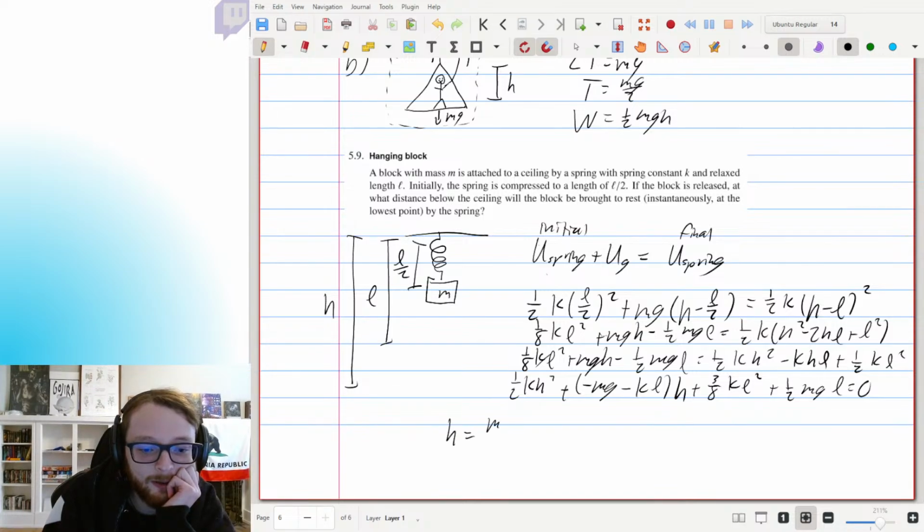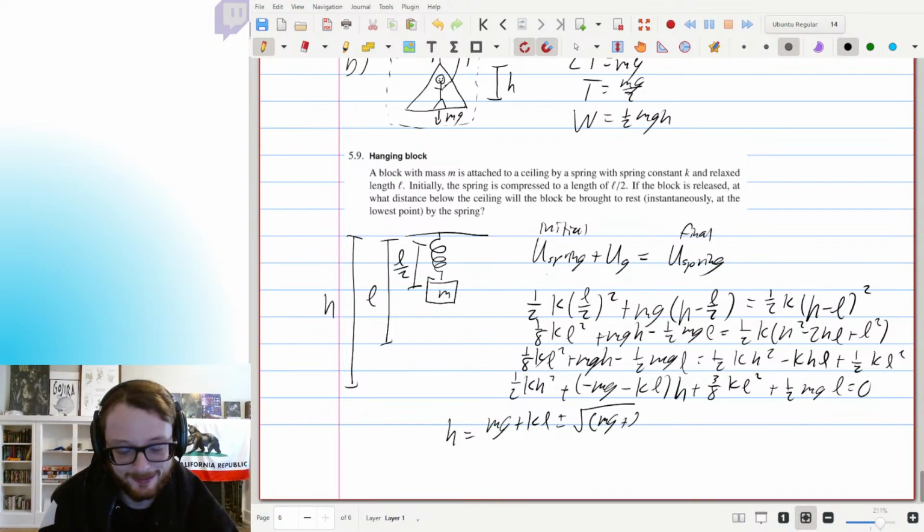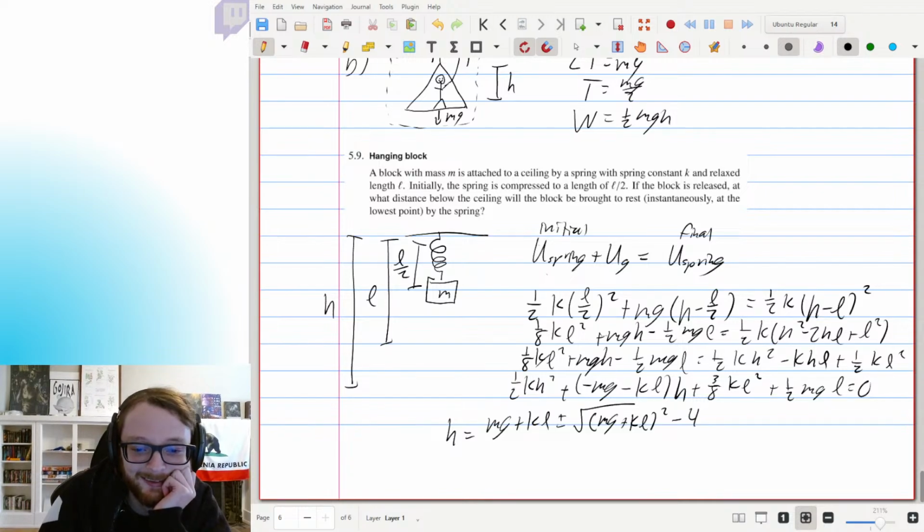H equals mg plus kl plus or minus root. This is not good, dude. Nothing about this is good.